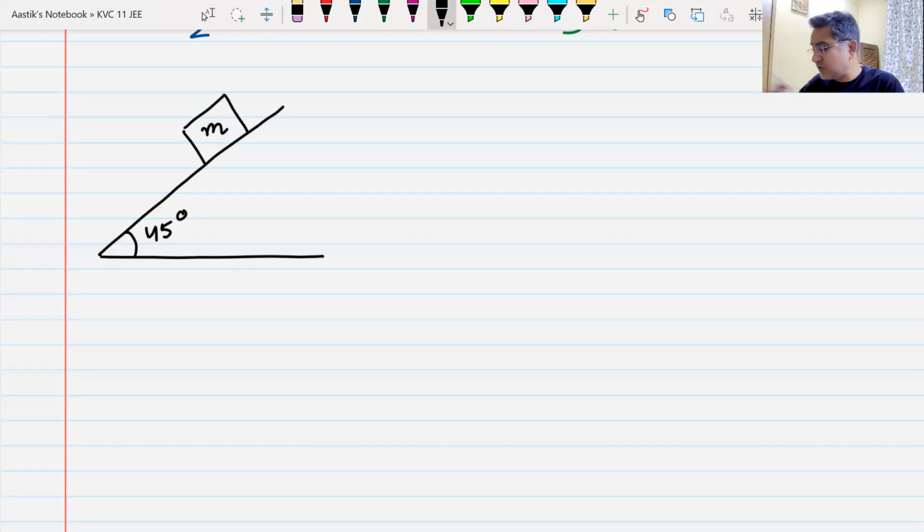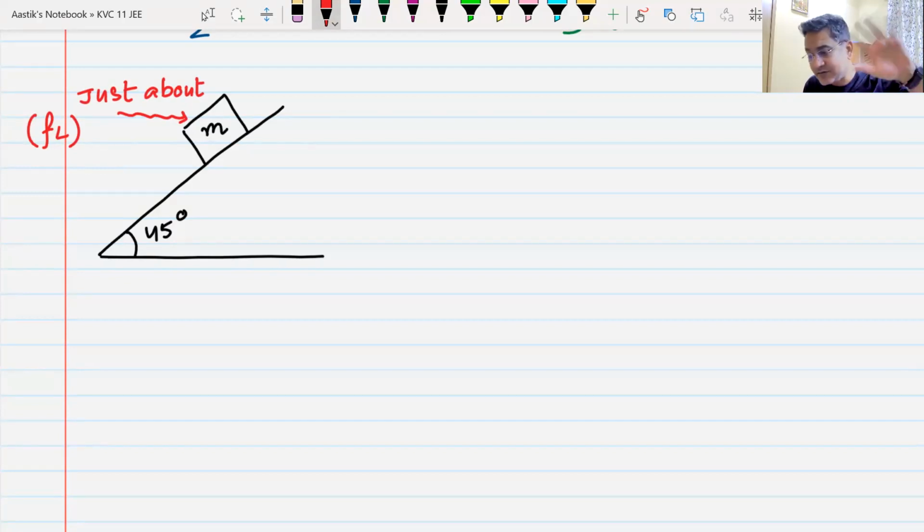No, we don't call it kinetic friction. The block is just about to move. Call it just about to move. And the value of friction is limiting friction, FL. Do we understand this?